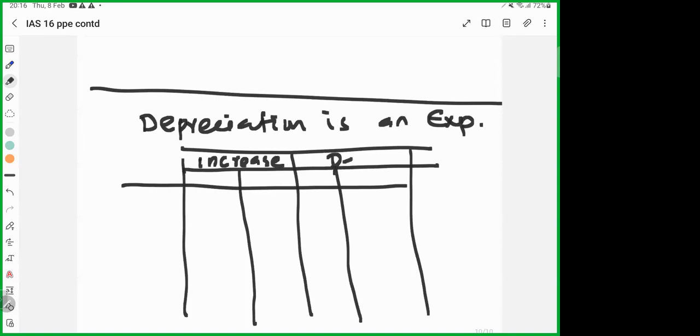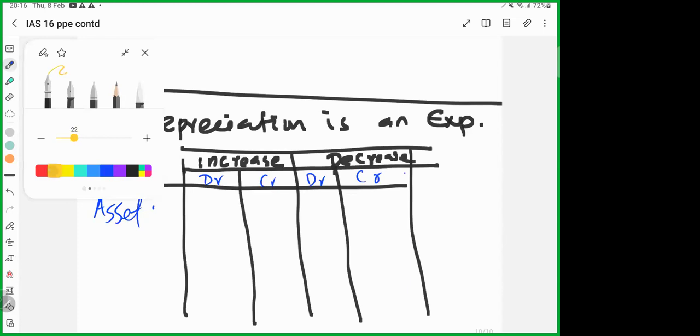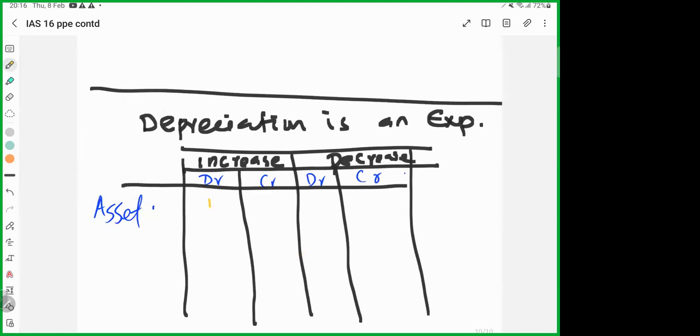Increase, decrease, debit, credit. Asset. When the asset increases, what must I do? Debit. If the asset decreases, I should credit.